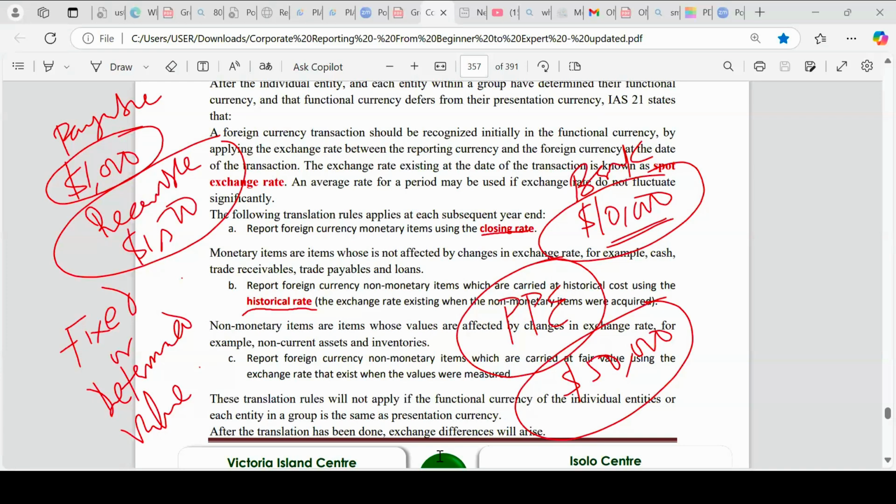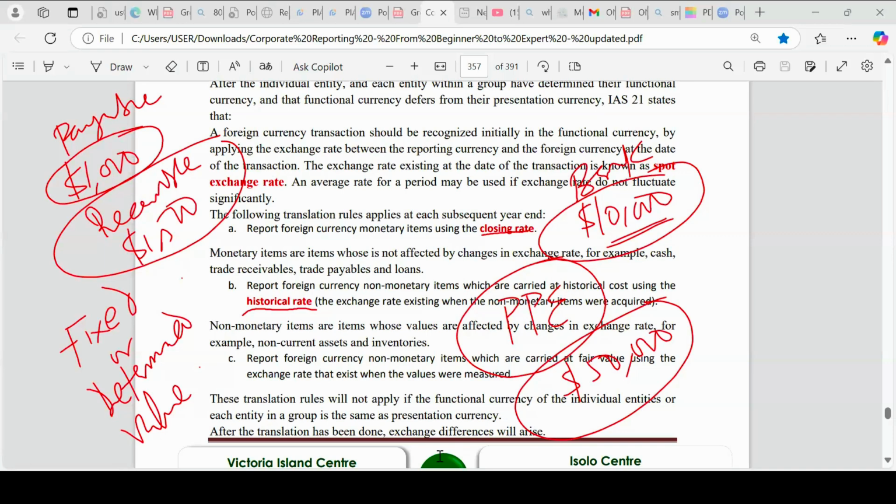So that is how I look at monetary and non-monetary items, so that I don't confuse myself with the standard's own definition. In practice or even in the exam, this is how you quickly spot a monetary item and know how to deal with such a transaction in foreign currency. It doesn't really come into the scope of SFM, but that is the guidance that I use.